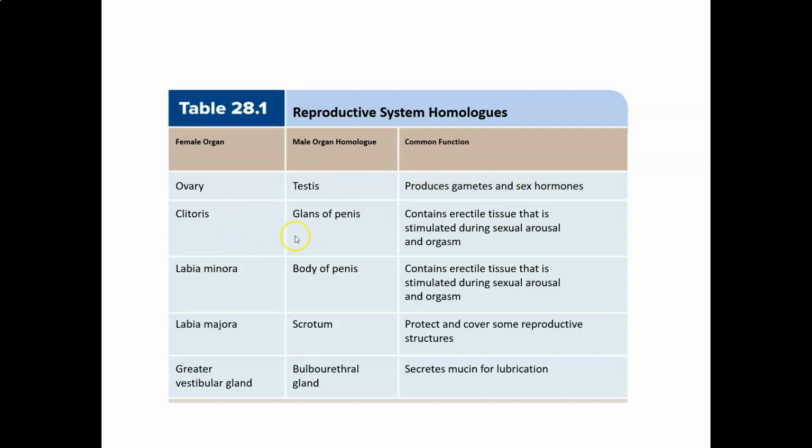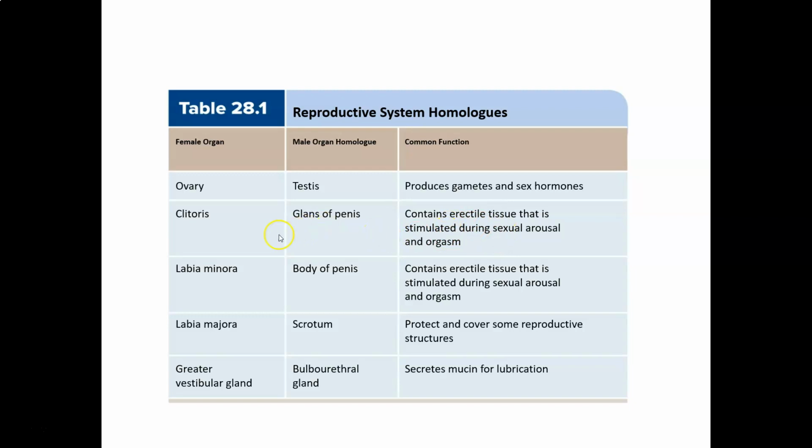Other homologous organs: in the male, the glans penis contains erectile tissue and participates in sexual arousal.